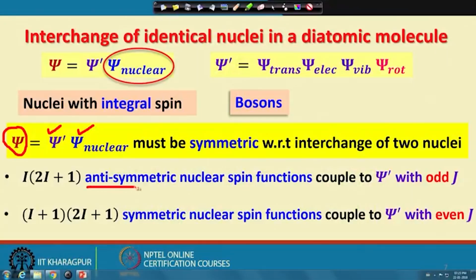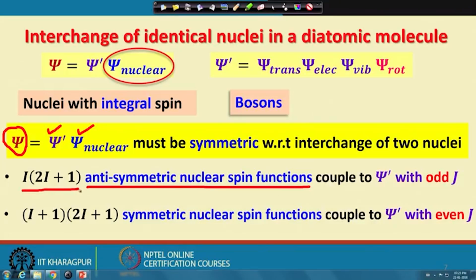Now, let us have a look under what condition the symmetry properties of psi prime and psi nuclear allow for such combination. If I have antisymmetric nuclear spin functions for the nucleus with an integral spin I, how many such nuclear spin functions are there?